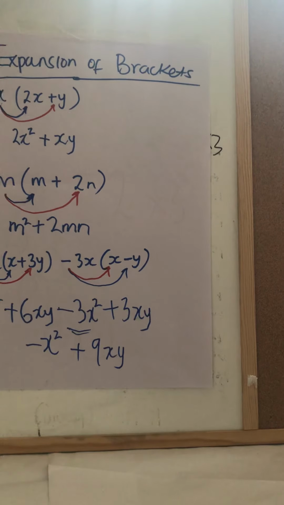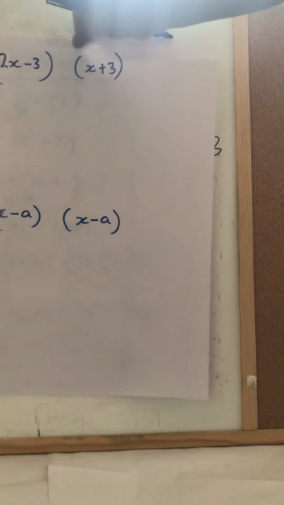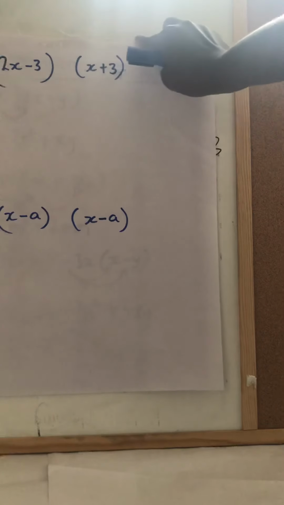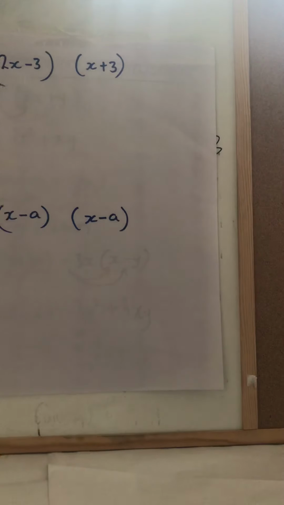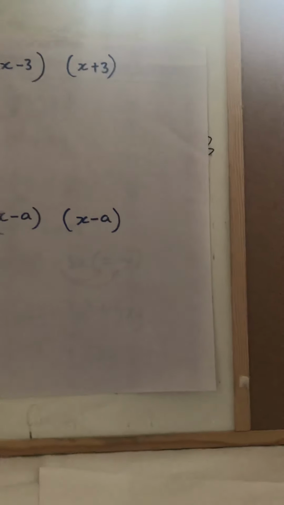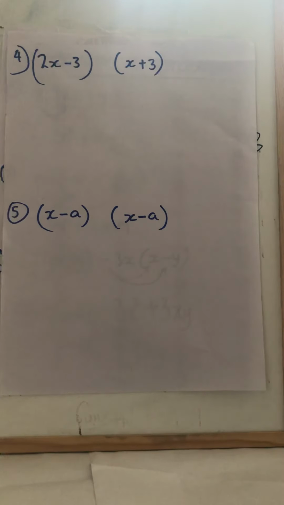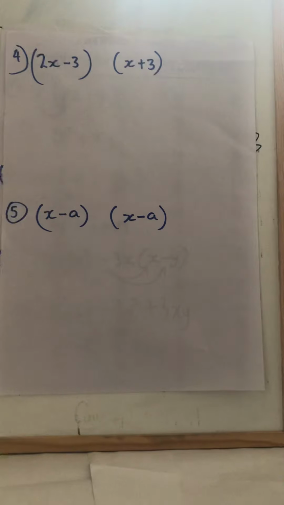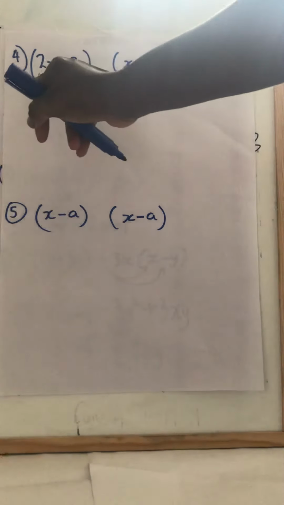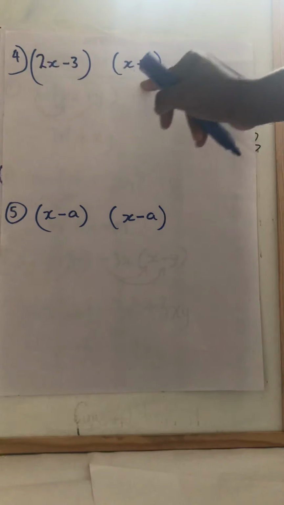Let's move on to expansion of two brackets, where we have two brackets. What we have to do is similar to our easy examples. We are going to multiply all of this by all of this.